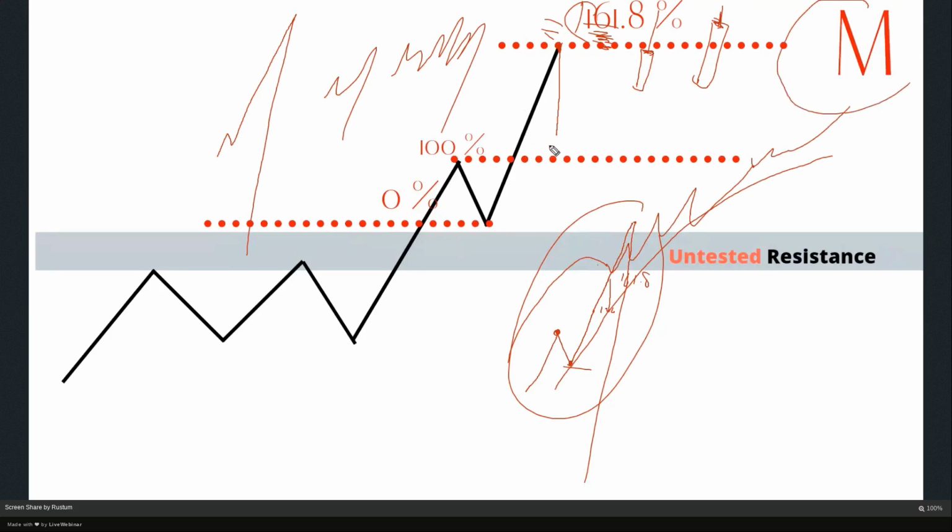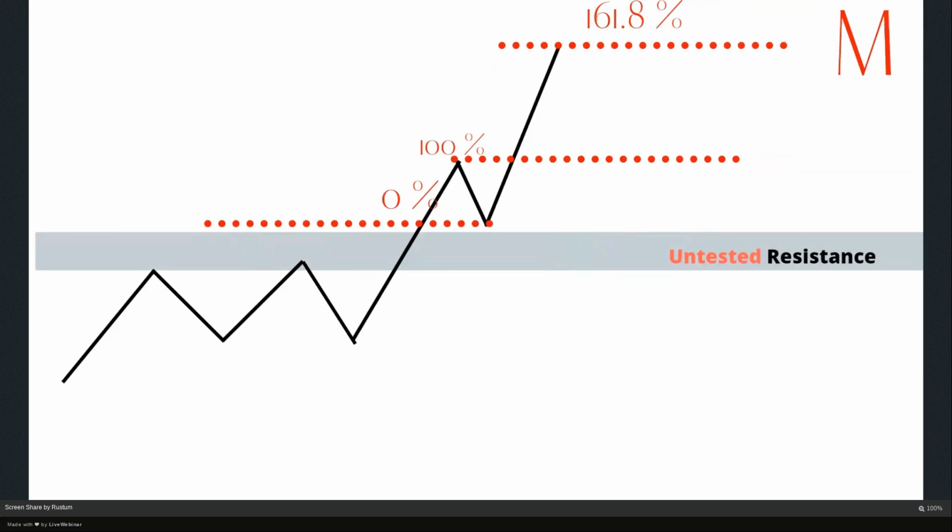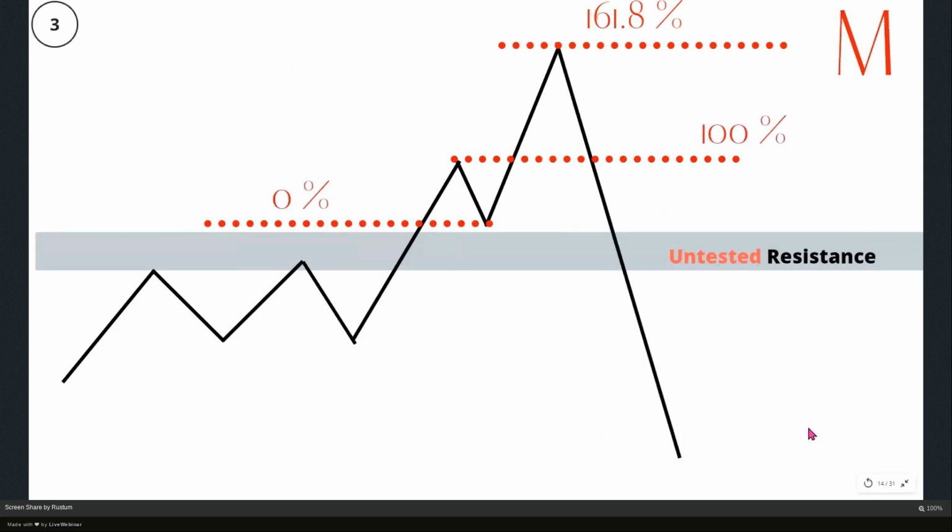I have a plan, and it states I only take 123.6 or 161.8, but I'm not taking them all. And then it comes down, and then away we go.